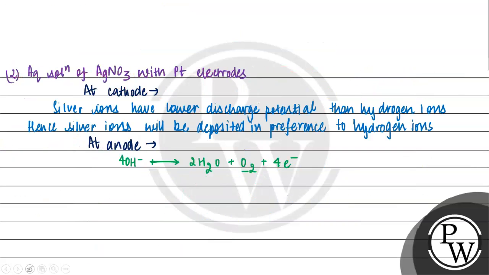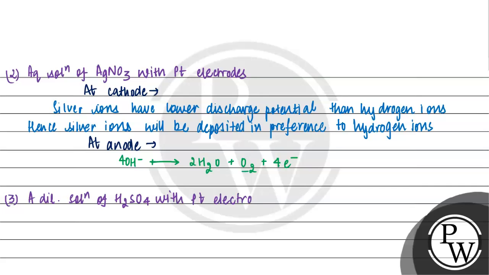Now let us look at the C option or C reaction which have been given to us. Electrolysis में हमारा C में है हमको दे रखा a dilute solution of H2SO4 with platinum electrodes.